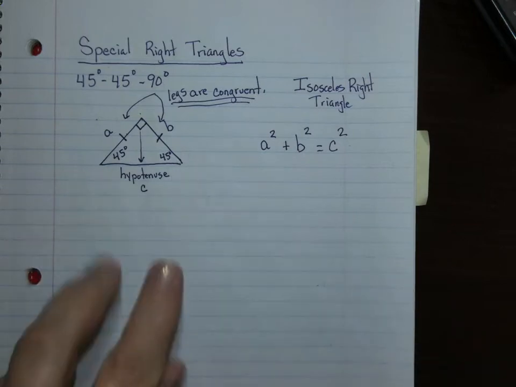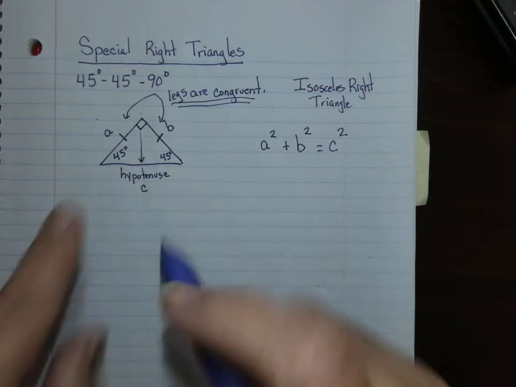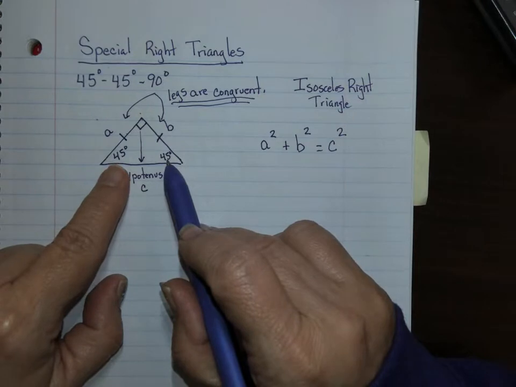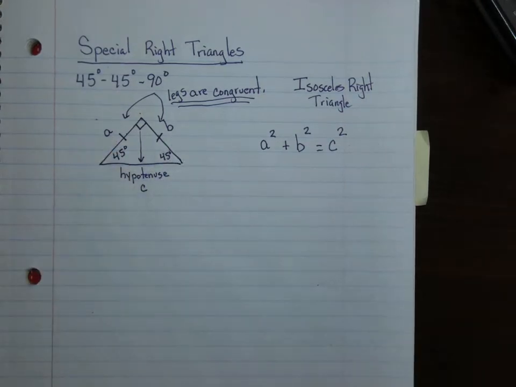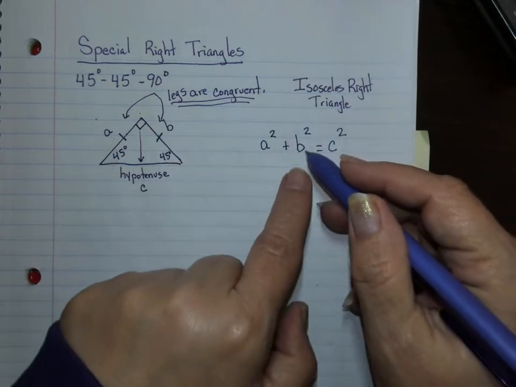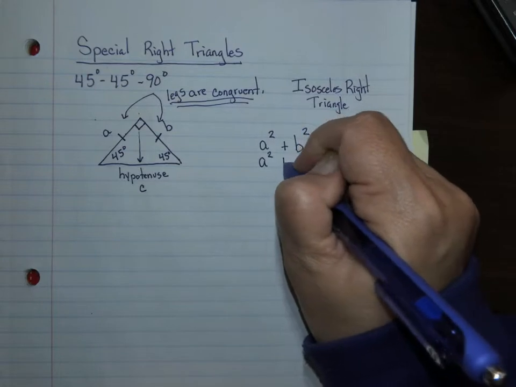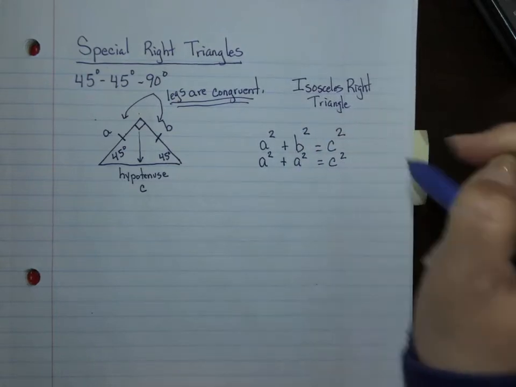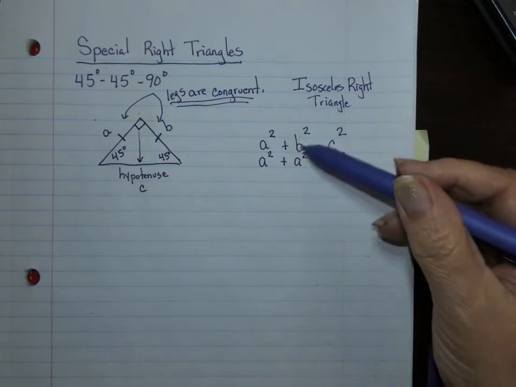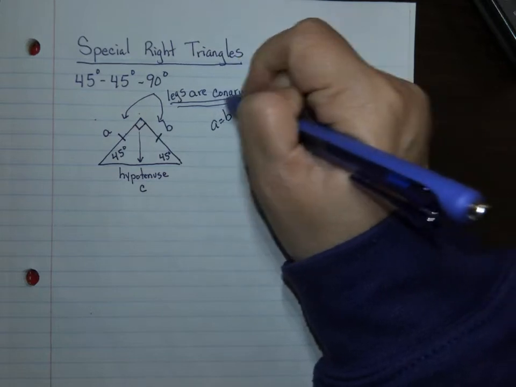But since this is a 45, 45, 90 triangle, because these two angles are 45 degrees, that means that A and B are the same. So instead of putting B squared here, I'm going to put another A squared. Because A and B are equal to each other. A is equal to B. That's what congruent means.